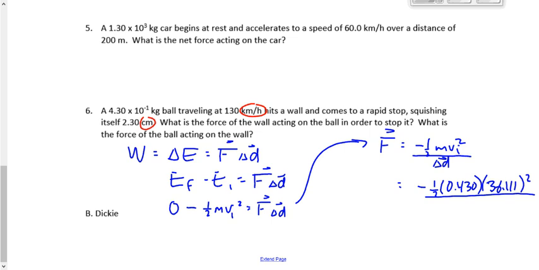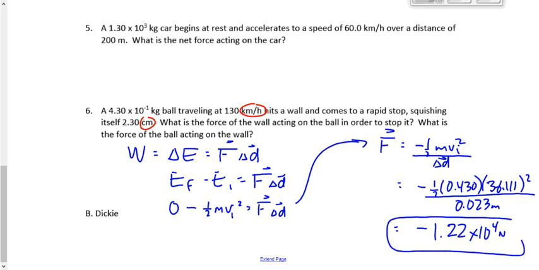During the time that it takes the ball to stop, it moves forward the amount that it's squished, 2.3 centimeters, or 0.023 meters. So let's figure this out now. This gives me a force of negative 1.22 times 10 to the 4 newtons, with 3 digits.